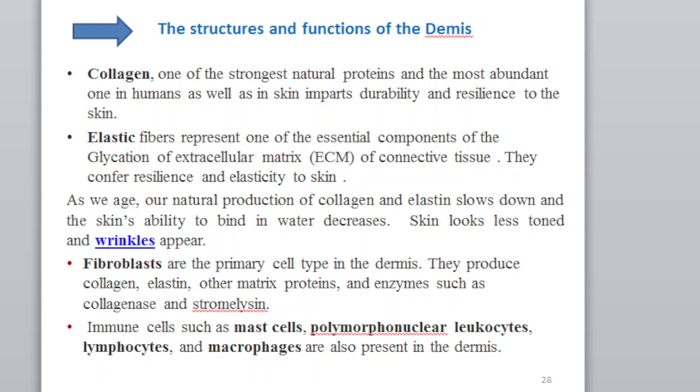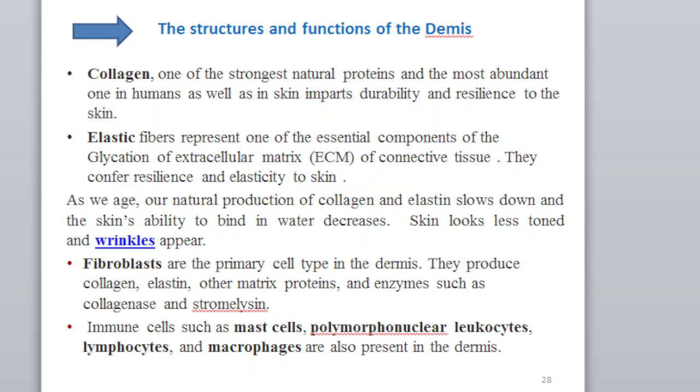They confer resilience and elasticity to the skin. As we age, our natural production of collagen and elastin slows down, and the skin's ability to bind water decreases. Skin looks less toned and wrinkles appear.